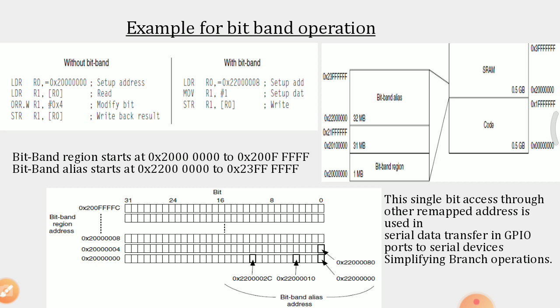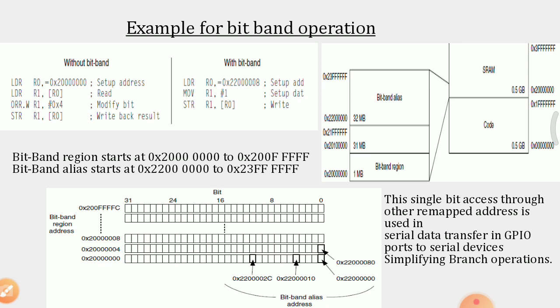So therefore in the program we have written LDR R0, =0x22000008. So here we have set up the address first, and in that address we are going to write a 1, that is this bit will be set: STR R1, [R0]. So this is how the bitband operation is going to work.